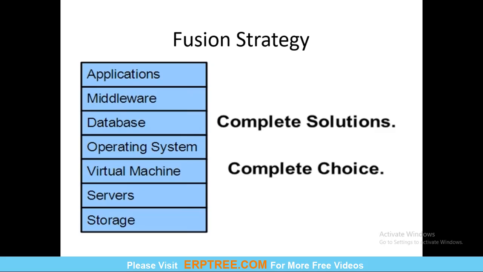You can have a virtual machine controlling all this, about two virtual machines, and you have a server which has storage. Like this, you will have a complete package or solution given by your cloud, which can be leveraged without doing any of the processes, tasks or activities that we used to do when we were setting up on premise. So this is the strategy of Fusion Cloud here.